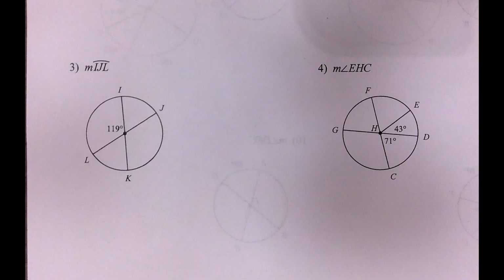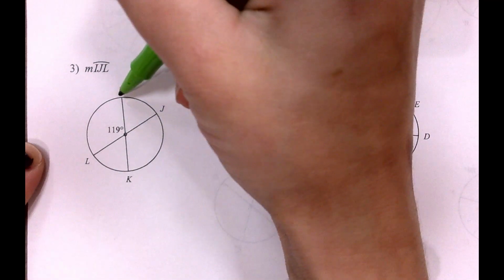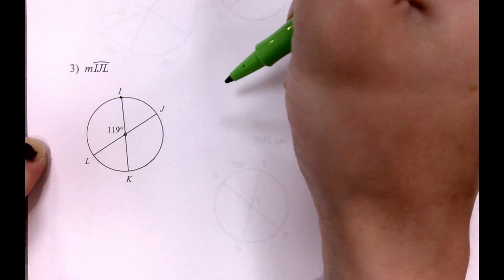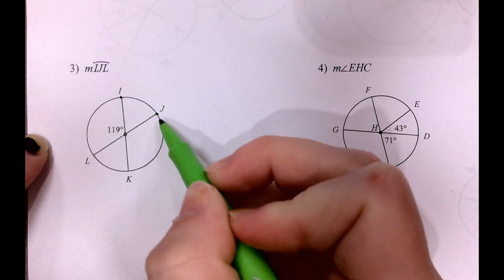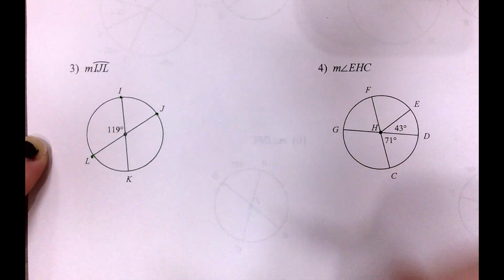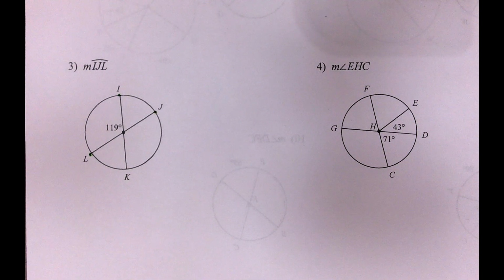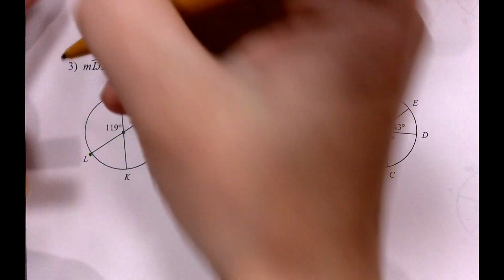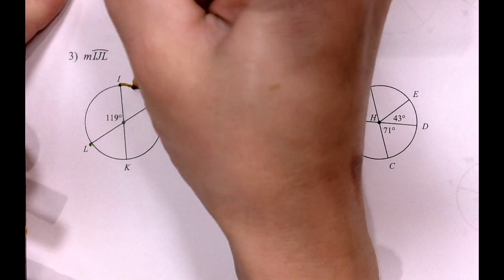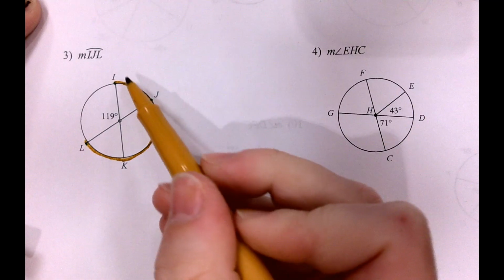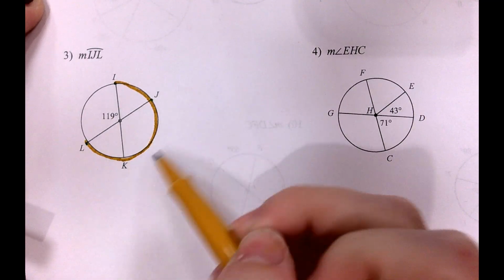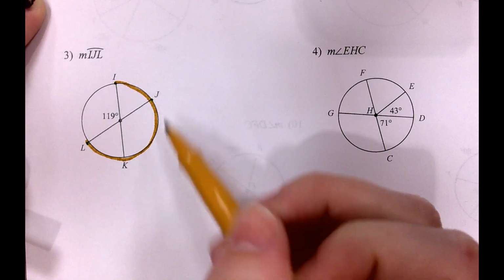So let's find that. Here is I, here is J, here is L. So I'm going to highlight the part that I'm looking for. I want I to J all the way to L. I want to know how many degrees this whole arc is.